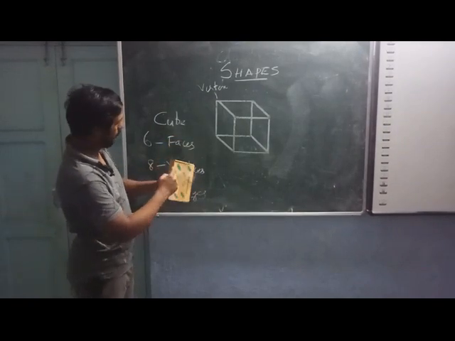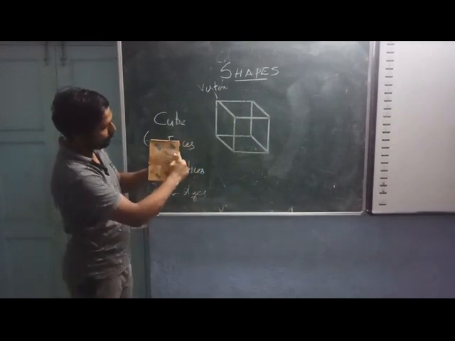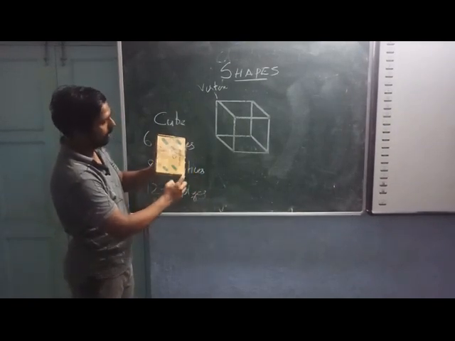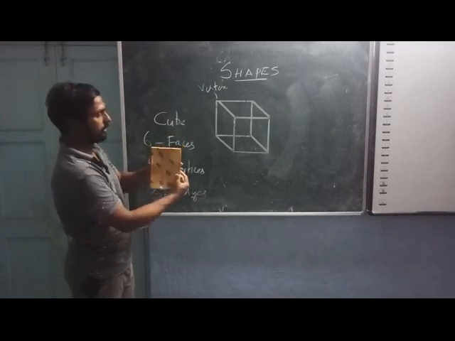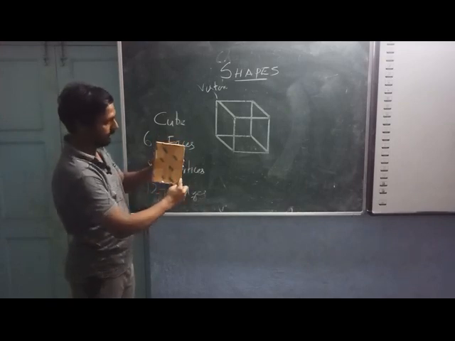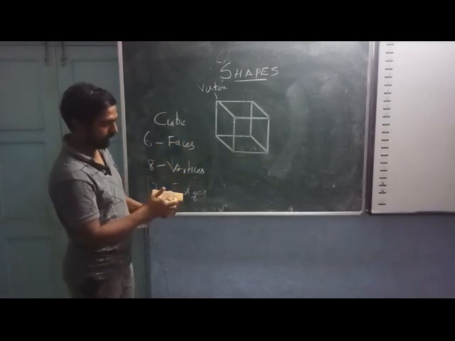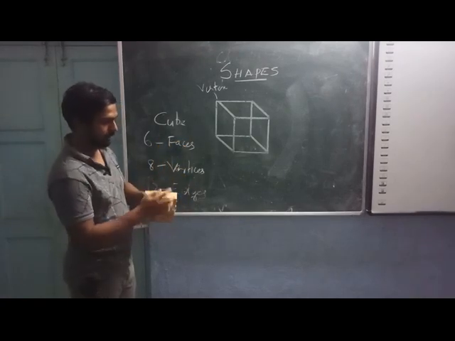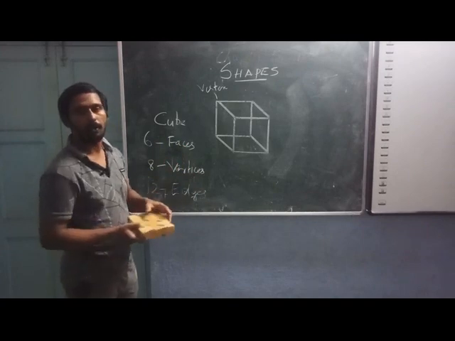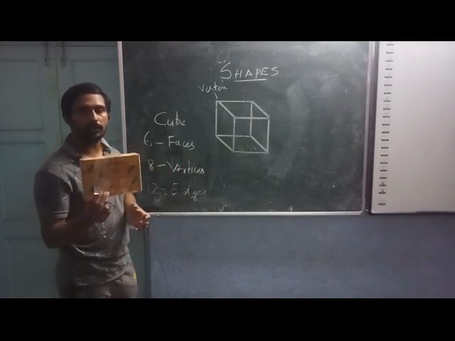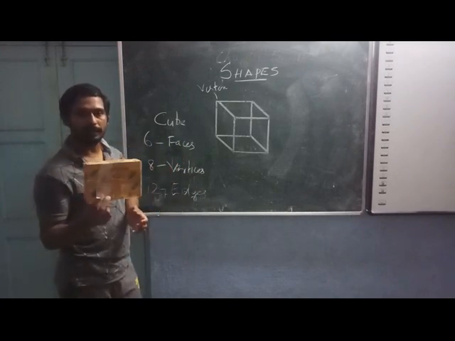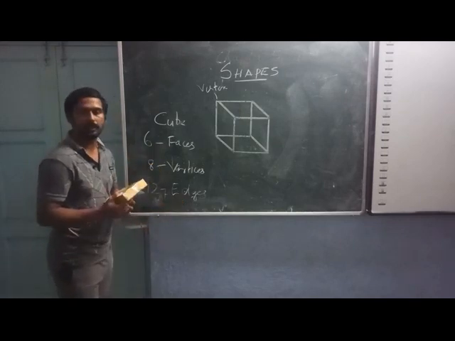12 edges means 1, 2, 3, 4, then 5, 6, 7, 8, then 9, 10, 11, 12. So it has 8 vertices and 12 edges.